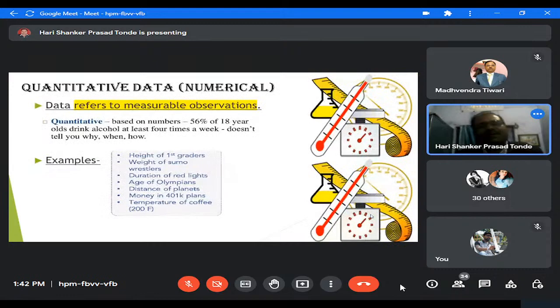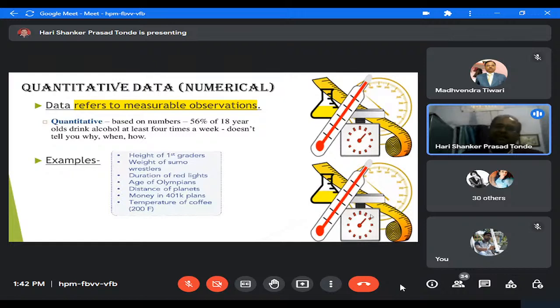As we have just discussed regarding qualitative and quantitative data, now we are going to discuss in detail: what is quantitative data? Quantitative data are all those data which come as an outcome of particular experiments, in the form of numerical values.